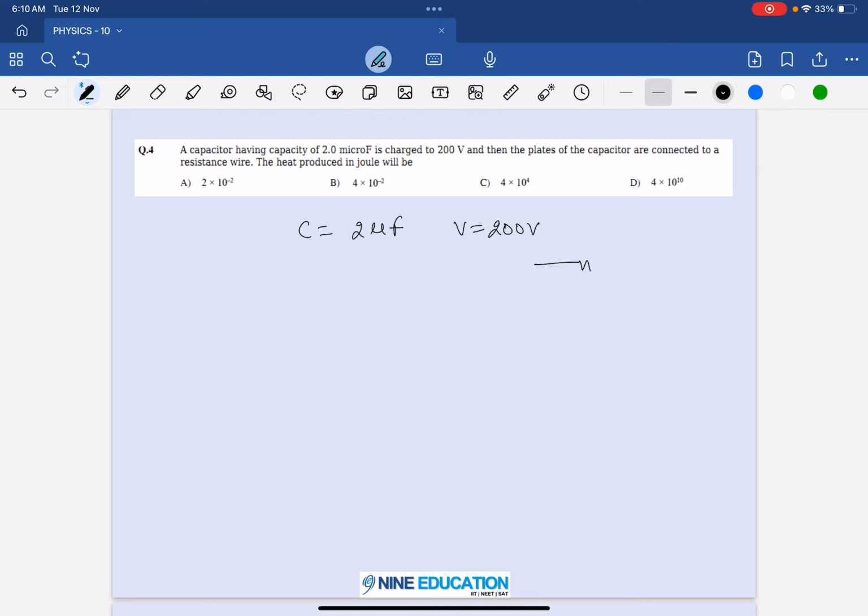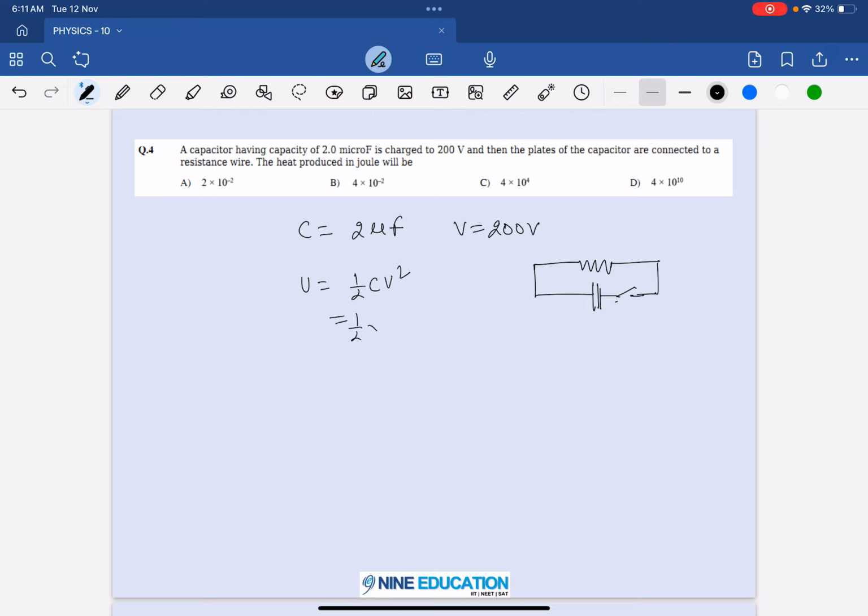Okay. So we are able to see basically there is a resistor and there is a capacitor. And this capacitor is basically charged. So this capacitor is charged, and then it is connected to this resistor. So it is charged, so obviously it is going to have some energy. What is the energy? It is going to have half CV square.